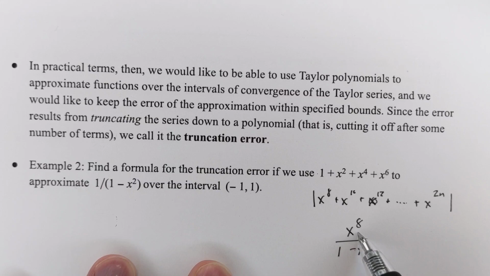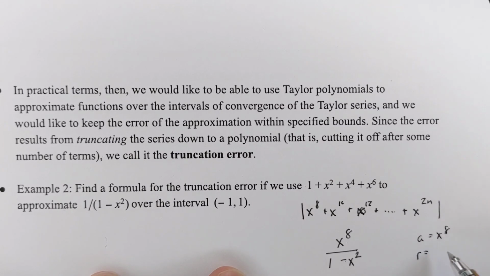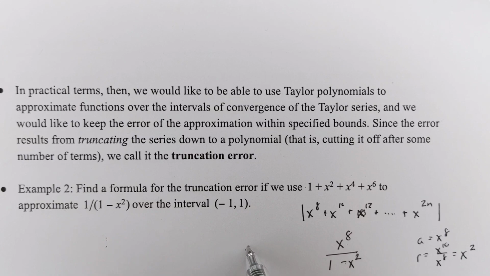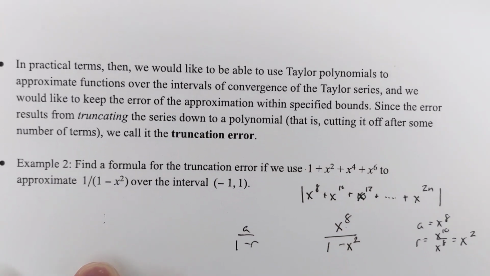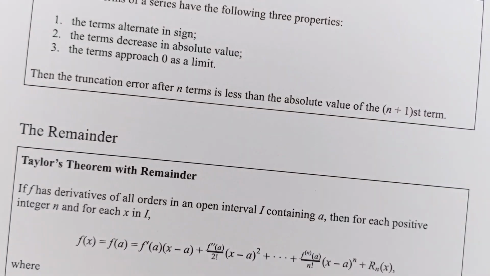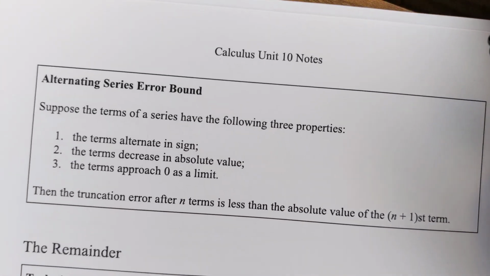So that's A, that's R. A is the first term in the list. R is the ratio between sequential terms. So x squared, and the formula is A over 1 minus R is what you converge to. So there you go. So that's your error. Instead of doing all the addition, since it's a geometric series, we can just use the formula for it.